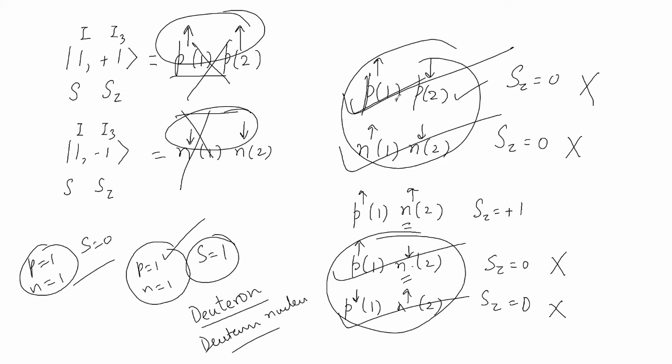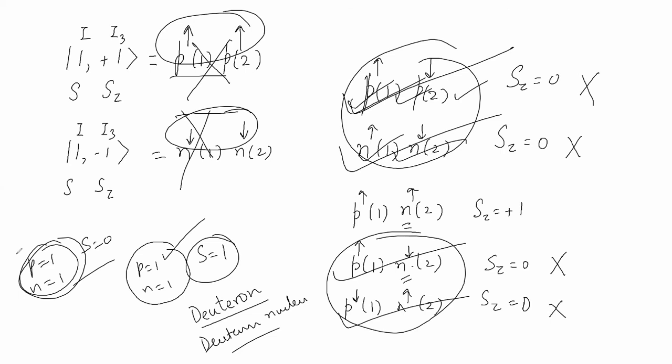The answer is that when we talk about spin interaction between 2 nucleons, for 2 protons, 2 neutrons, or a proton and neutron, to give rise to a spin 0 state is a very, very weak bound state, and such states do not exist.